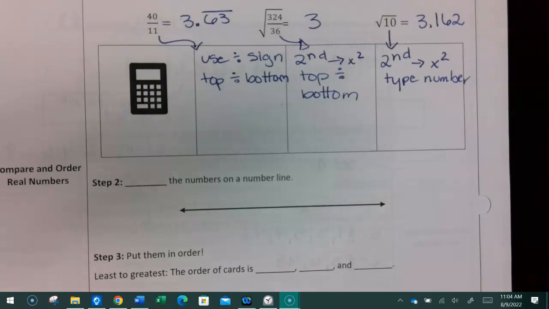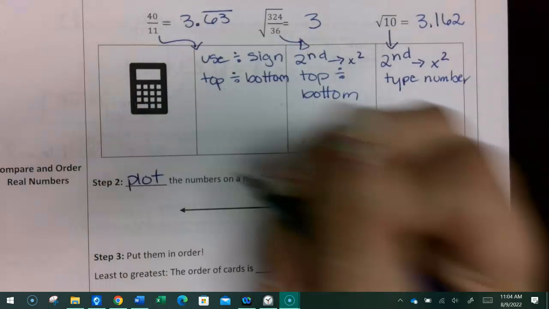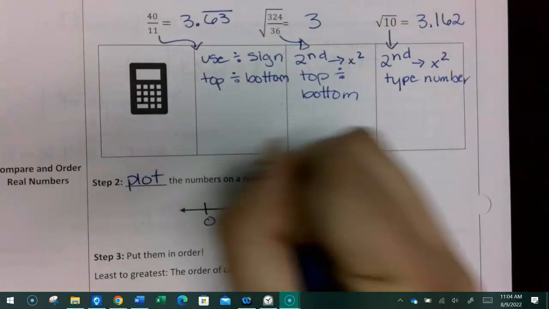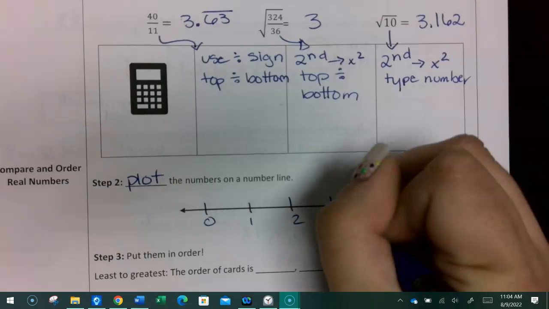Okay, step 2 is to plot them on the number line. So I'm going to start off by going 0 to 4 on my number line.